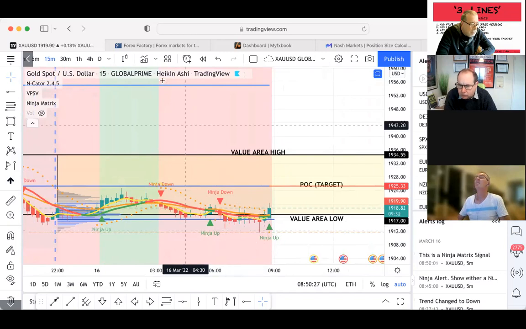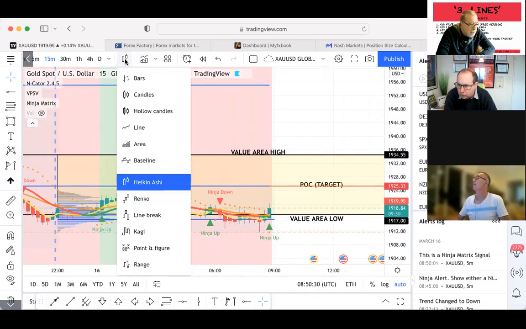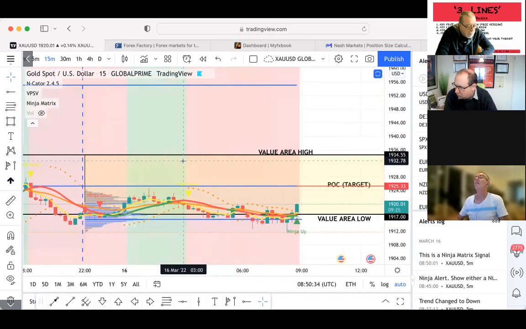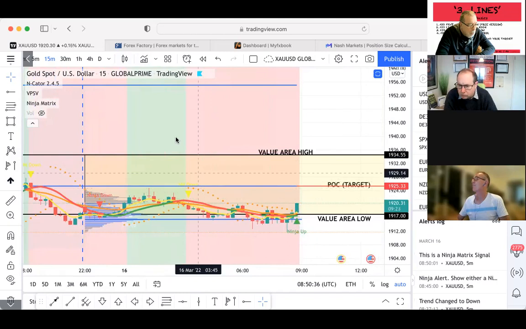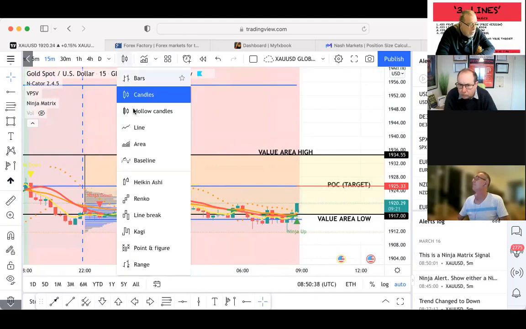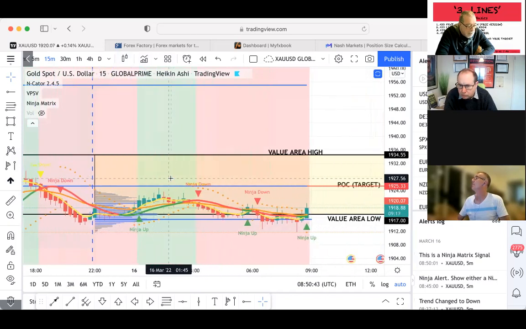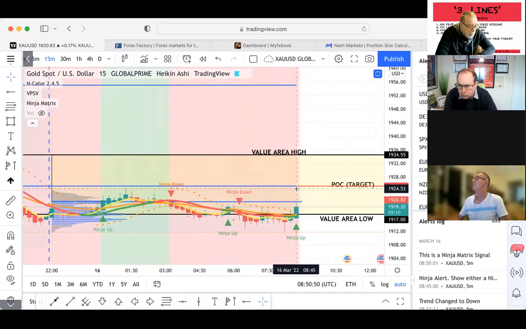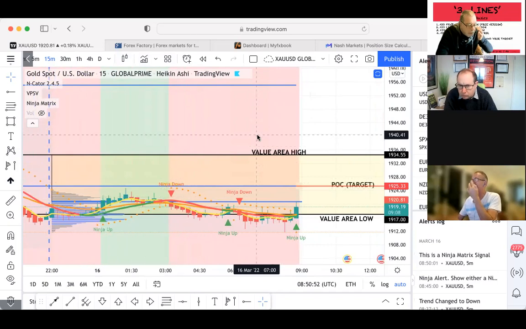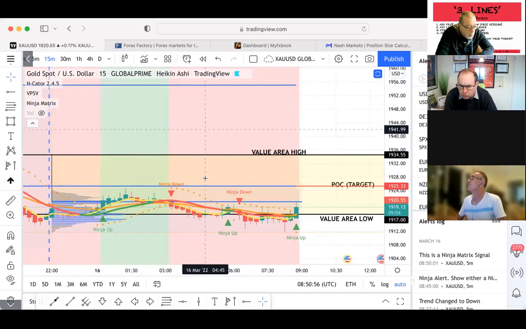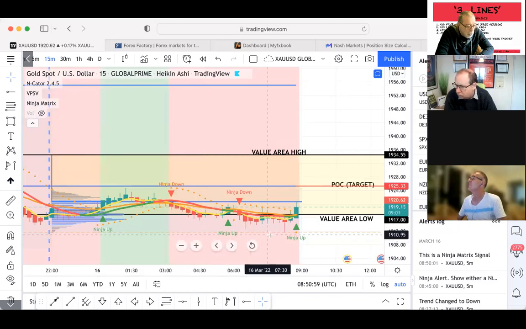If you see Ninja ups and Ninja downs on normal candles, that could be a bit of a false reading. It's always best to check on Heikin Ashi candles. As it happens, they corresponded with each other on that occasion. So I've got one of my tick boxes checked, and the other one so far has not been checked. We're waiting for a Ninja Matrix up.